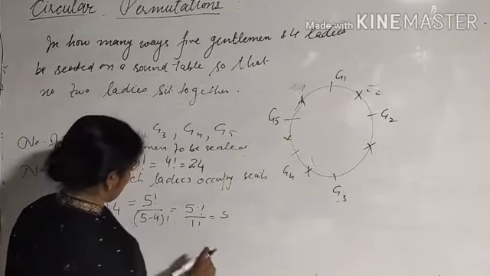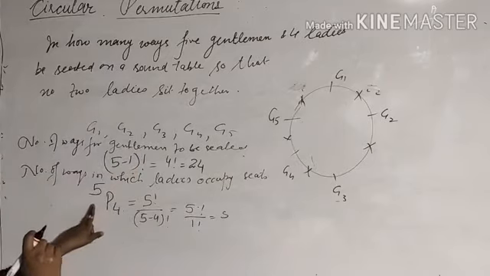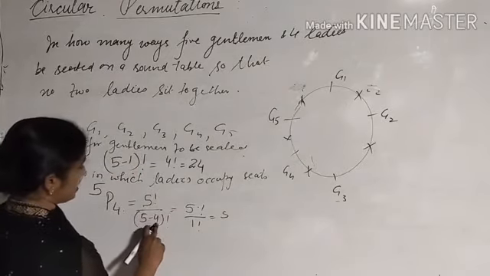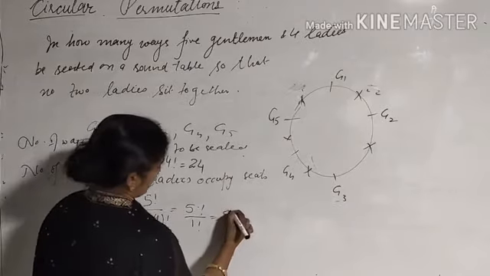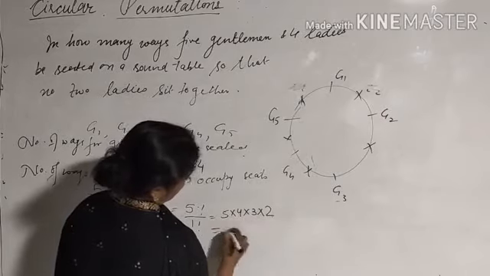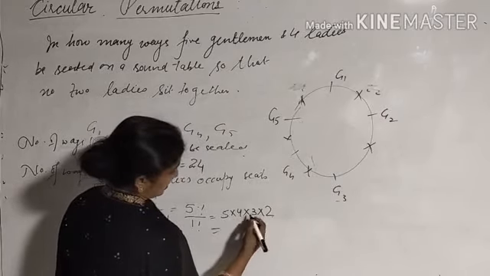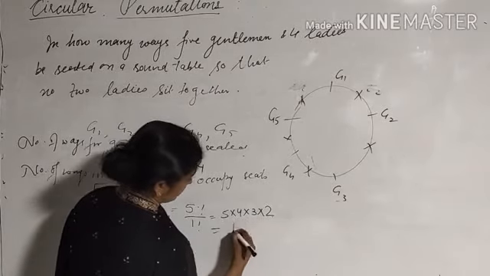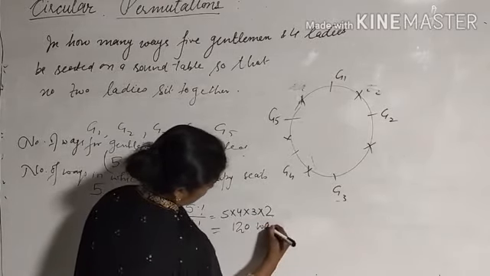So this is 5 factorial upon 5 minus 4 factorial. So 5 factorial upon 1 factorial, 5, 4, 3, 2. This is 120 ways.